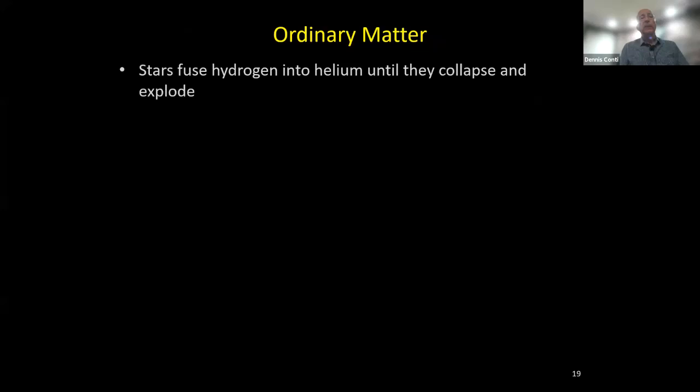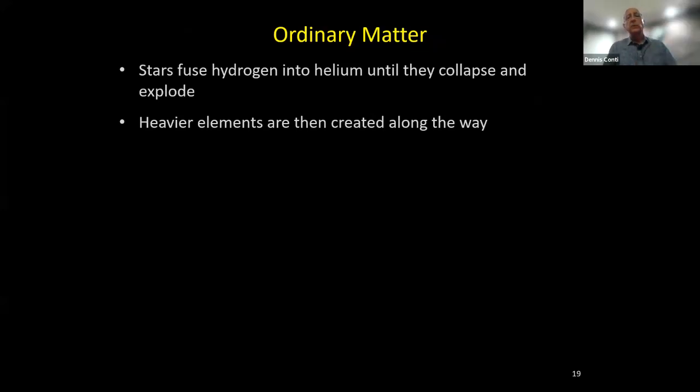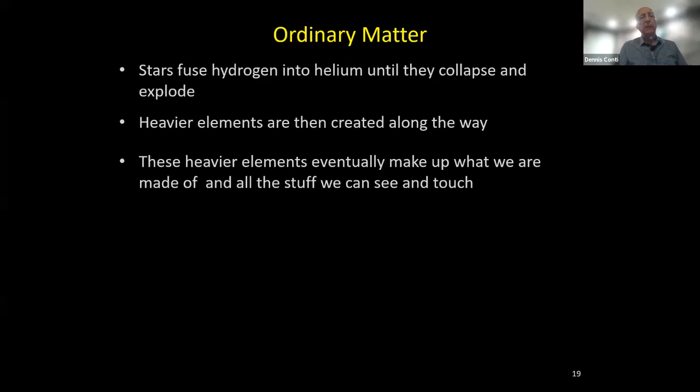So what I've talked about is protons and neutrons, things that we kind of know and can measure. As I said, helium is created, heavier elements are then created as supernovae take place, and we're all made, as we've said before, of star stuff, which is atoms more complicated than helium and hydrogen.